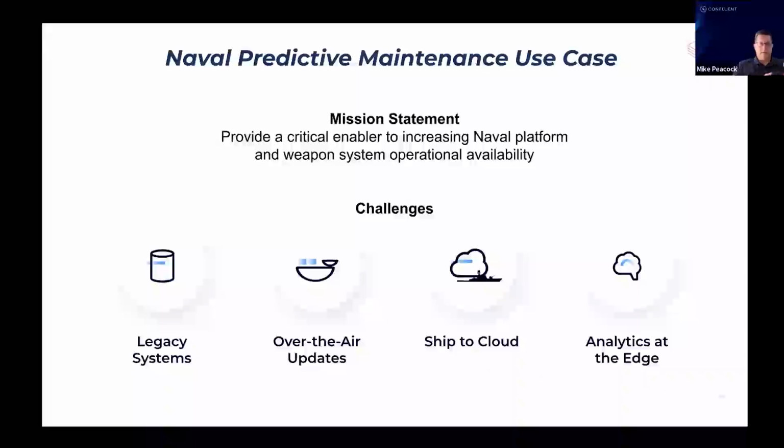So how do you do over-the-air updates? In this case, we're talking more about maybe models that have changed or been updated based on the real-time data and legacy data. So how do we deploy those updates to those models over the air so you can get them running at the ship? General ship to cloud environment, right? Like I said, DDIL is a big case here, so how do you handle that connectivity? And then the last critical piece is how do we get these analytics that are being developed in Databricks to be running at the edge?